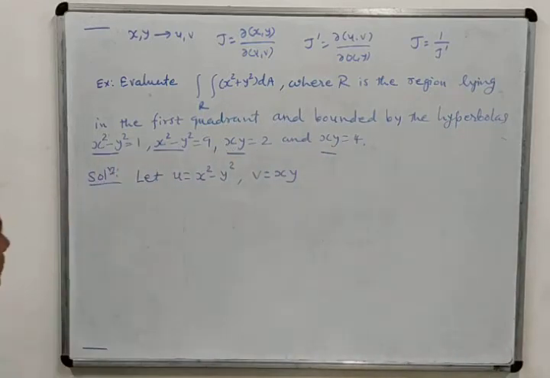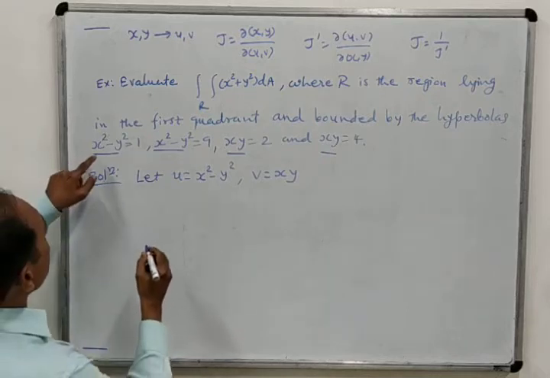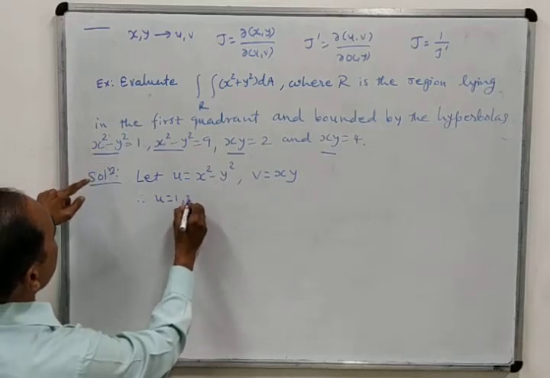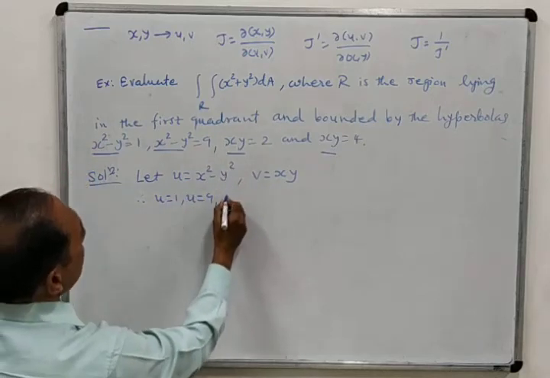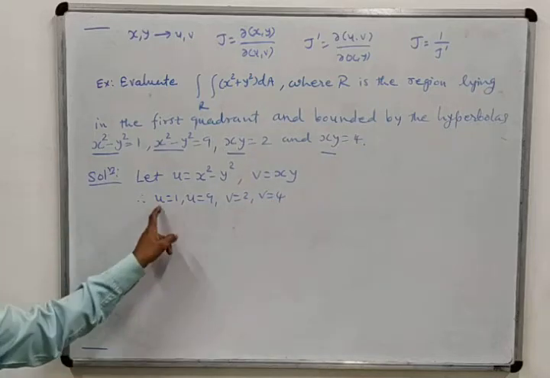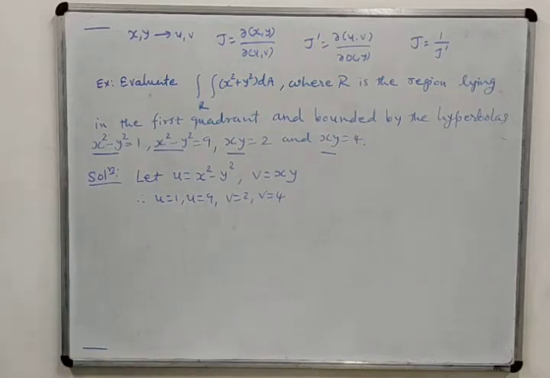Now after assuming these, the equations become u equal to 1, u equal to 9, v equal to 2, and v equal to 4. So you can see that these equations have become very simple, and so we can draw them directly.